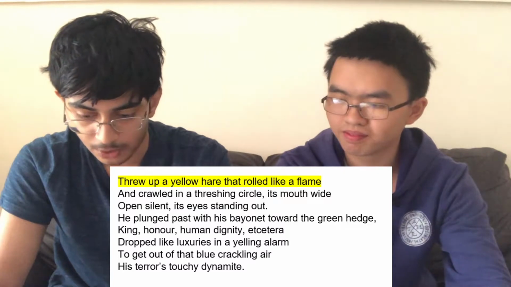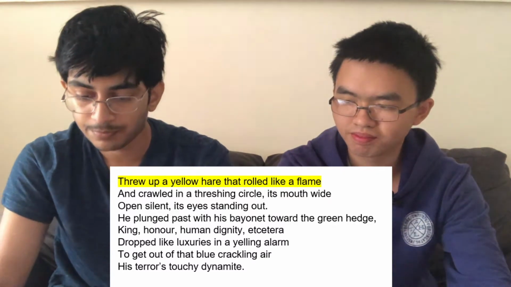Another tip in English literature is to use alternative interpretations, and this is probably best illustrated with a quote. I've got here Bayonet Charge from the poetry anthology, and a quote here is "threw up a yellow hair that rolled like a flame."